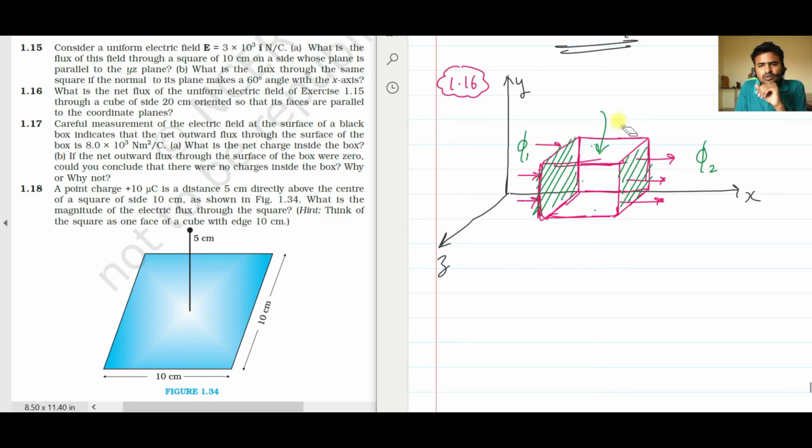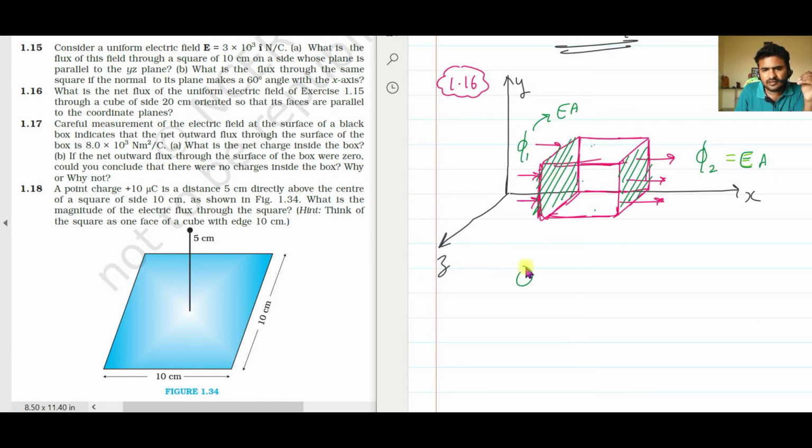Whatever flux enters, the same flux is leaving, right? So how do we calculate the net flux? Flux leaving minus flux entering is the net flux. Flux leaving is E into A, flux entering is also E into A, and there is no flux on the side surfaces, because the electric field lines are parallel to the area on the sides.